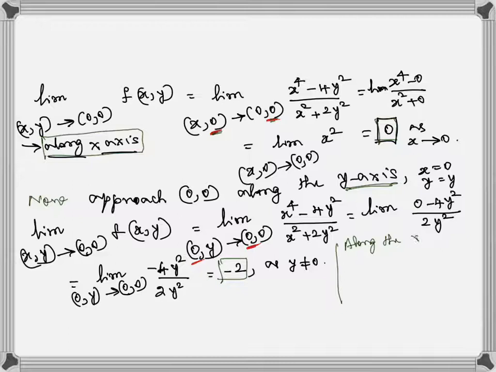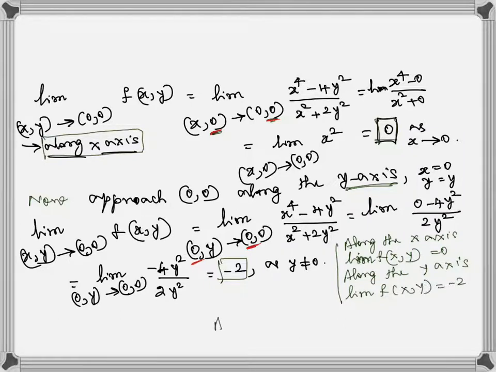Now, what we have shown is that along the x-axis, the limit of f(x, y) is equal to 0, and along the y-axis, the limit of f(x, y) is equal to −2. So we considered two different paths, approached (0, 0) along these two paths, and they yielded two different limits.